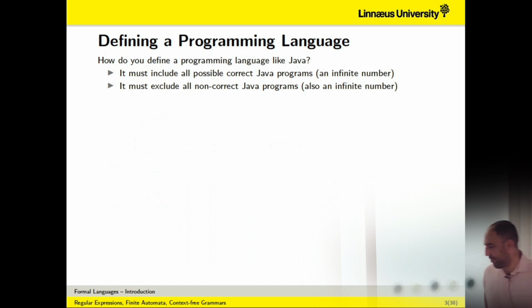So, starting with the basic concept of a language. It doesn't matter if it's a programming language or an ordinary language, but since we are more concerned with programming languages, if somebody asks you how you define a programming language, for example a language like Java, how will you start?